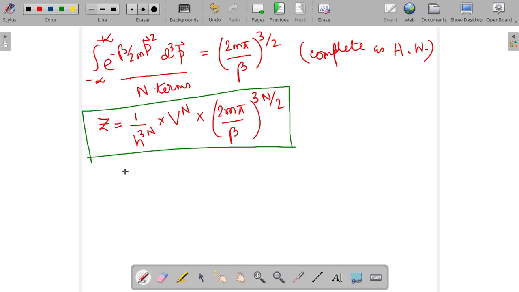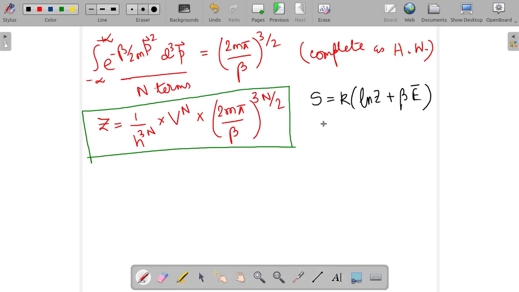So first we need to study certain thermodynamic relations and thermodynamic quantities, and what their formulas were. First of all, it is entropy, k log Z plus beta E bar.